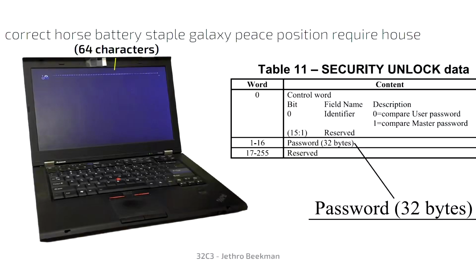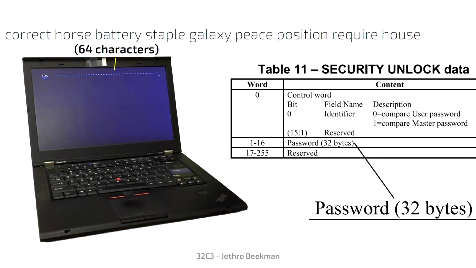And if you look at the unlock command, you clearly see that the password is supposed to be 32 bytes. How are these 64 characters turned into 32 bytes? That is my question, because if my laptop dies but my SSD is still functional, I want to be able to take my SSD and put it into another computer to get access to my data.